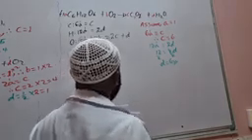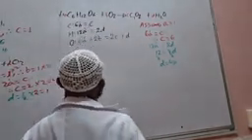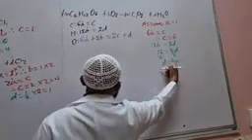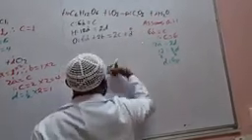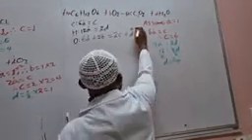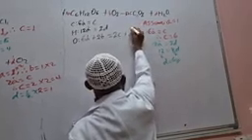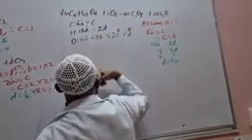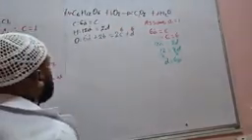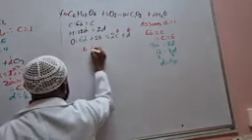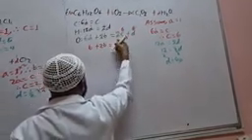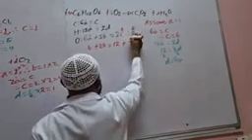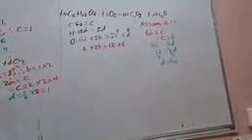What remains is the equation of oxygen. Since D is 6 and C is also 6, and A is 1, what remains is B. Therefore 6 plus 2B is equal to 2 times 6, which is 12, plus D, which is 6.